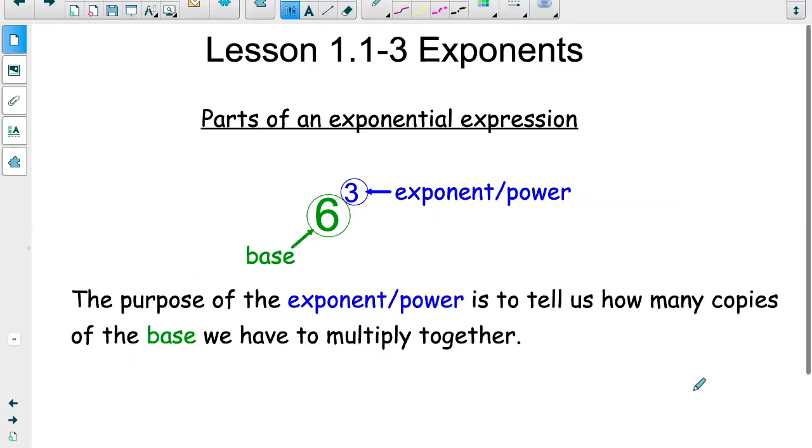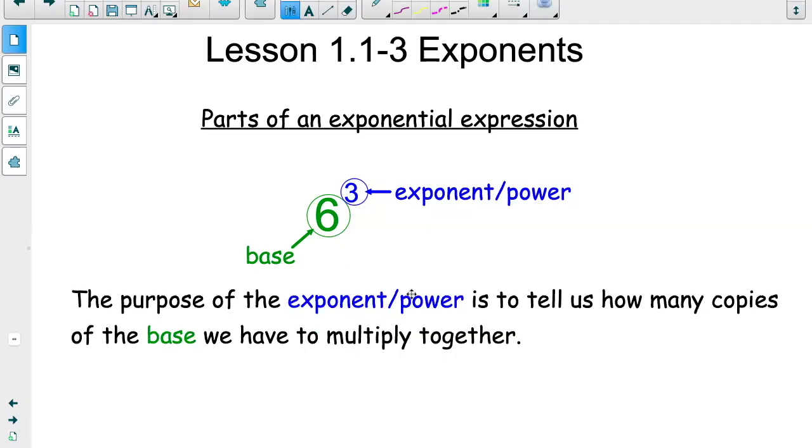Let's talk about the parts of the exponential expression. The larger number, the number that we're going to be repeatedly multiplying, is called the base. So that's 6 in this expression. That is the base. The 3, you're probably familiar with these terms. It's the exponent or the power.